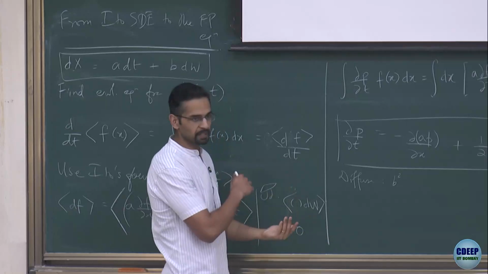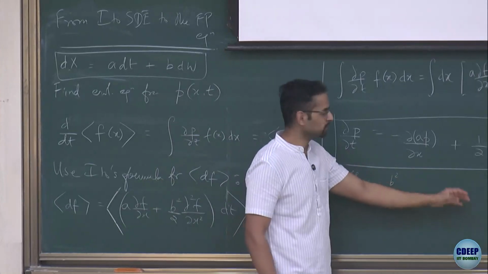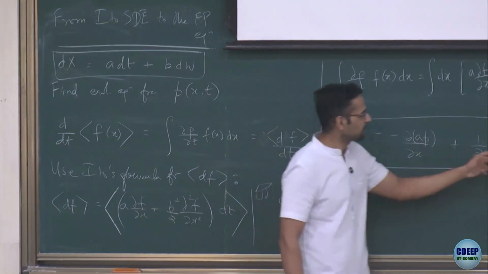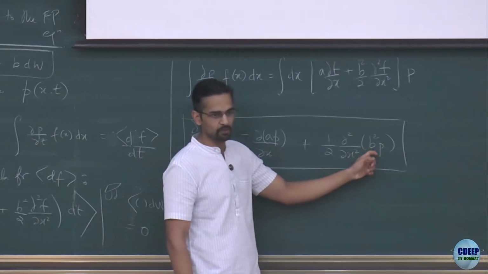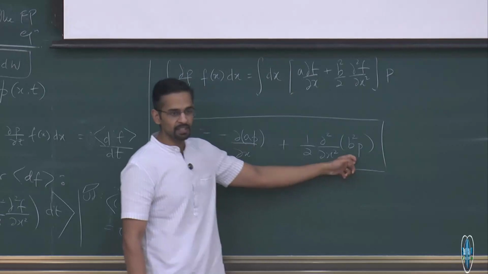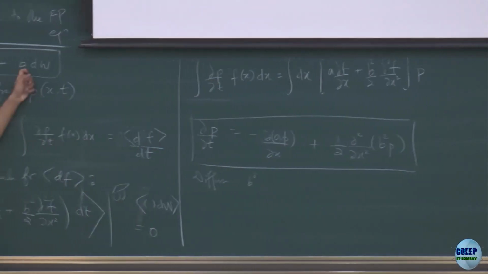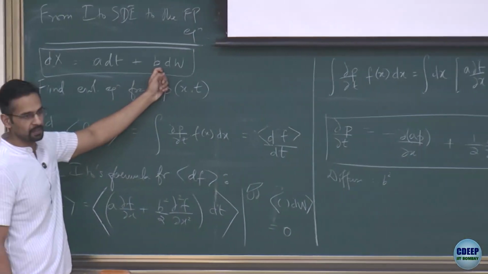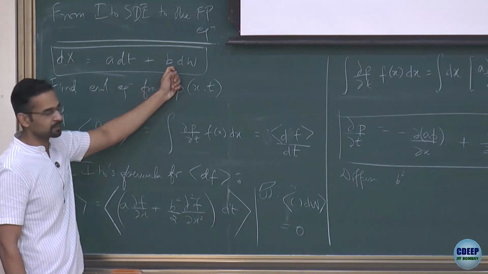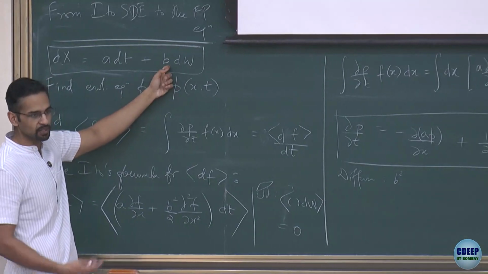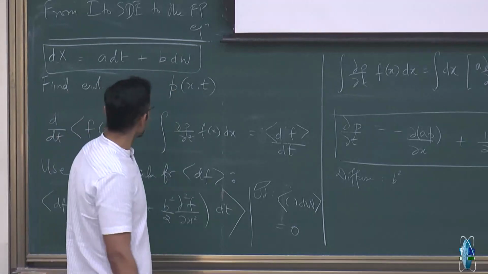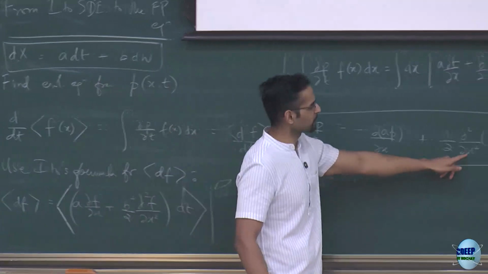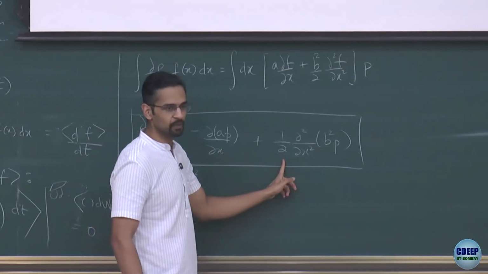If you were to flip it and say I'm starting with a Fokker-Planck equation where I have velocity a and some diffusion b square or some diffusion D, suppose you had capital D here as the diffusion, then the corresponding SDE should have root D. That's important to keep in mind. So b is intimately related to the diffusion coefficient; it's just the square root of the diffusion coefficient. The factor 1 by 2 will come depending on whether the diffusion equation has a 1 by 2 explicitly.